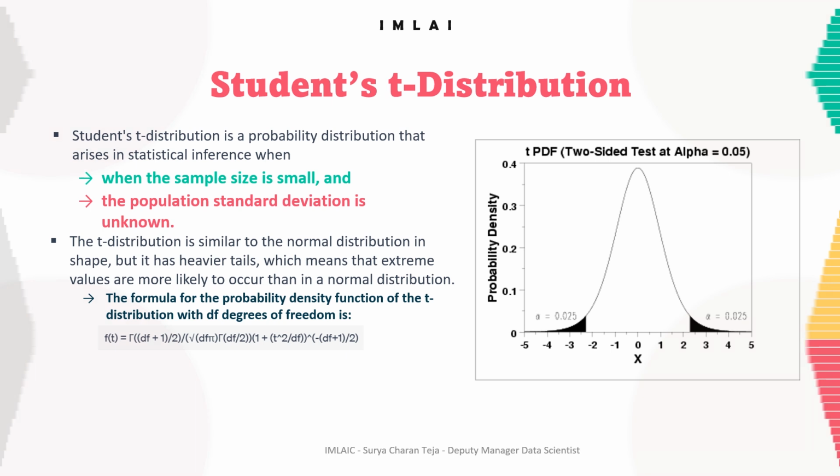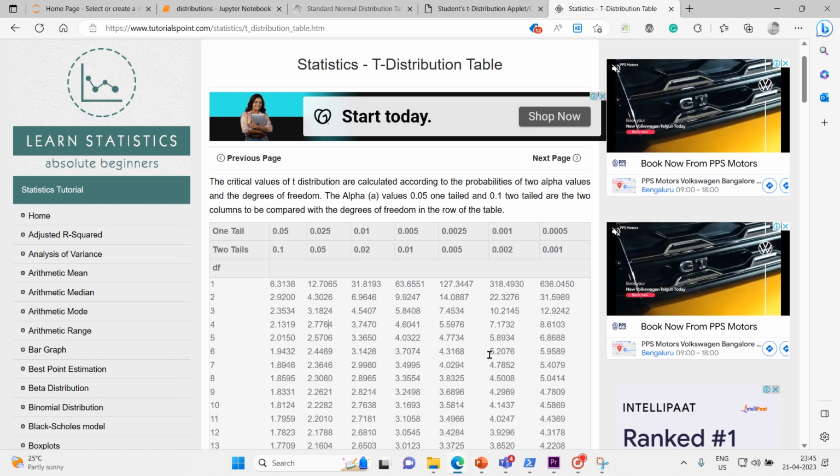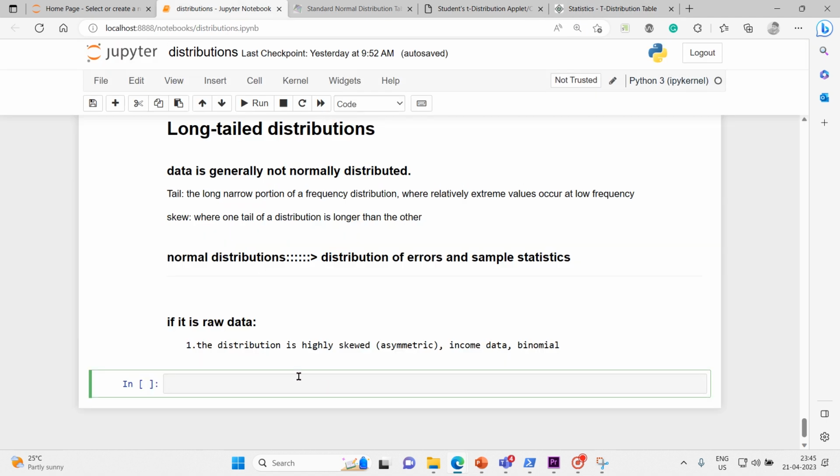So Gosset wanted to answer the question: what is the sampling distribution of the mean of a sample drawn from a larger population? That's the main agenda behind creating this. Student's T distribution.